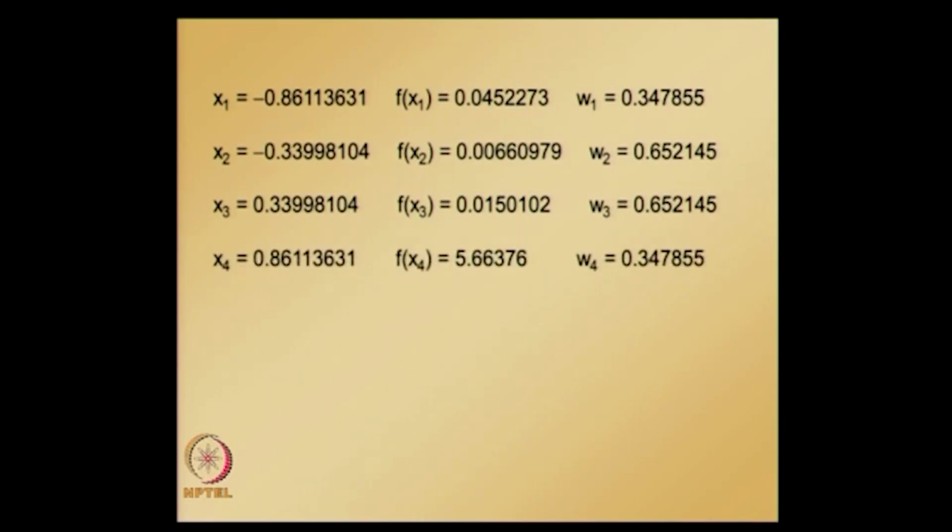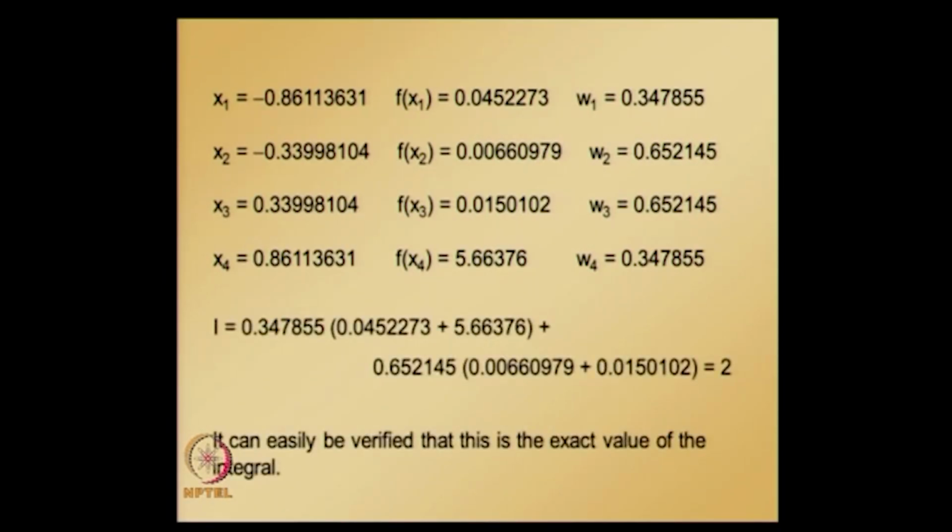So, now we need W1 times f(x1) plus W2 times f(x2) plus W3 times f(x3) plus W4 times f(x4), and we get the approximate value using Gauss quadrature.